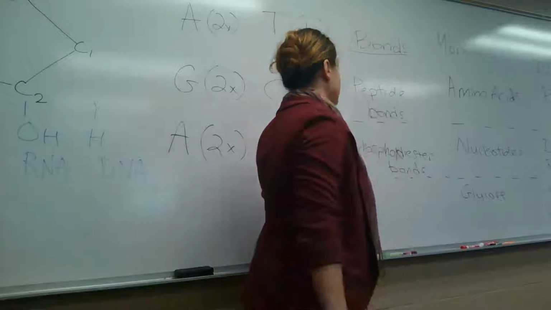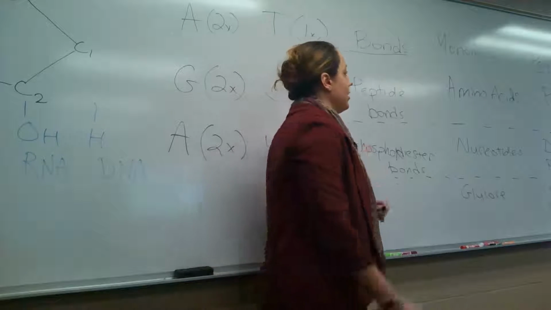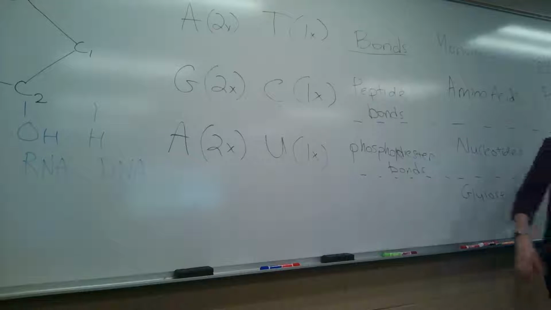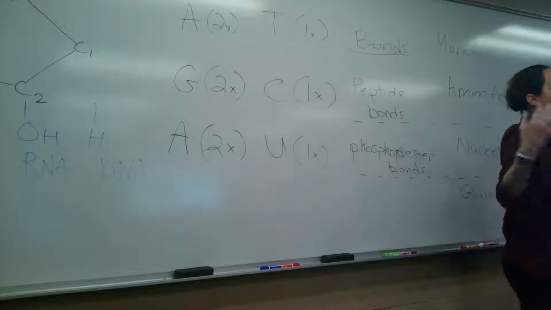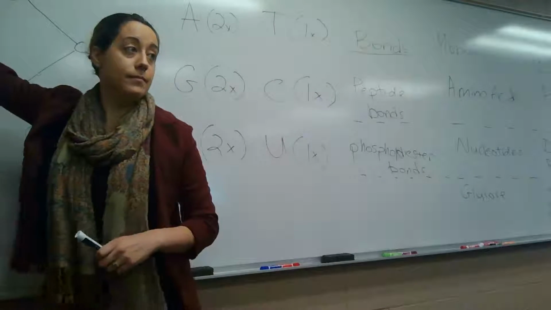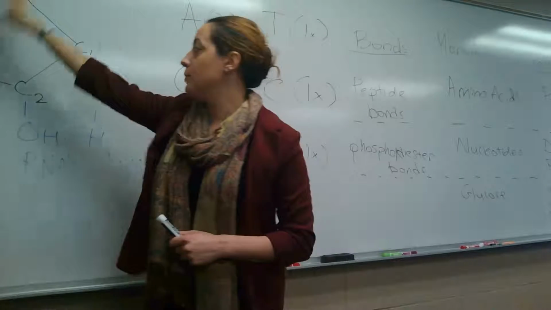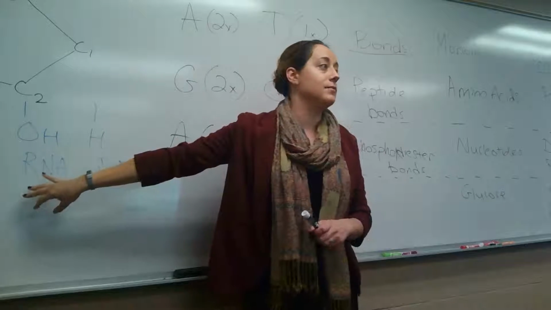So the backbone is just called the phosphodiester backbone. And that involves the sugar group, which is the ring that we drew up here, and the phosphate group, which is up here. So basically I've drawn one piece of the phosphodiester backbone here.